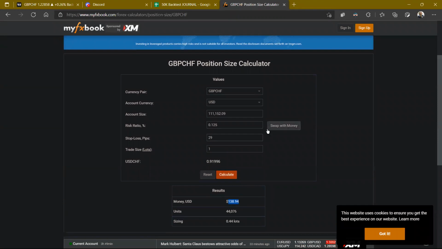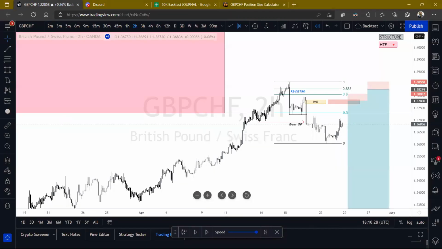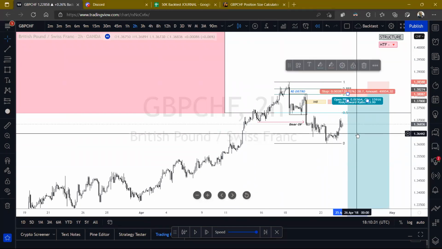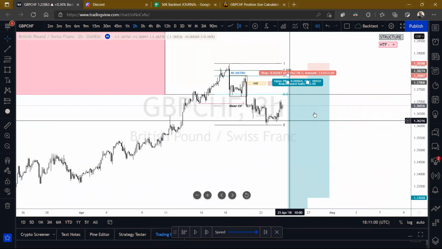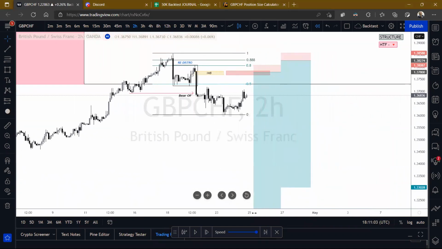So 138, 139. Okay, so that's the risk on. Now we're just going to be monitoring it.